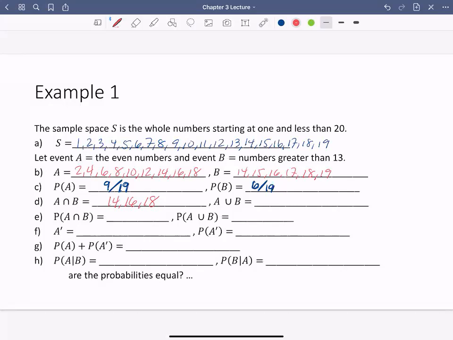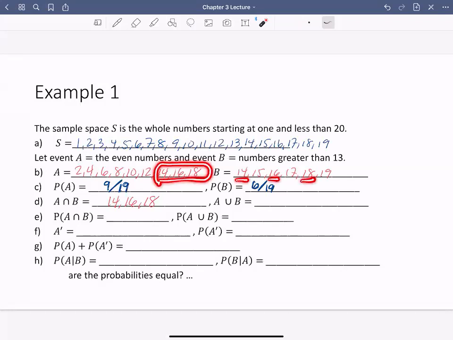So the next one is, what are the possible values between A or B? So remember, A or B means happening in one of them, or the other one, or both. So this includes all of those values. That's all in A, that's all in B, but you do not write the repeated values. You don't want to count them twice. In A, I have 2, 4, 6, 8, 10, 12. And then 14, 16, and 18 are all counted here.